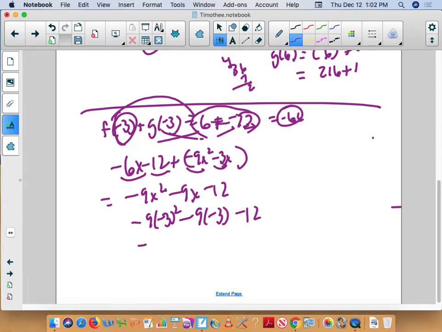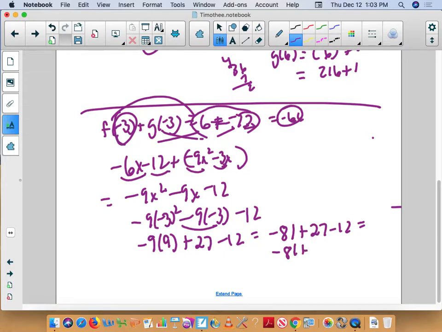That gives me negative 9 times 9, negative 81, this gives me positive 27 minus 12. That gives me negative 81 plus 27 minus 12, which is negative 81 plus 15, which I believe is negative 66. But I find it easier to fill them in, find the number, and then do whatever I'm supposed to do with them.